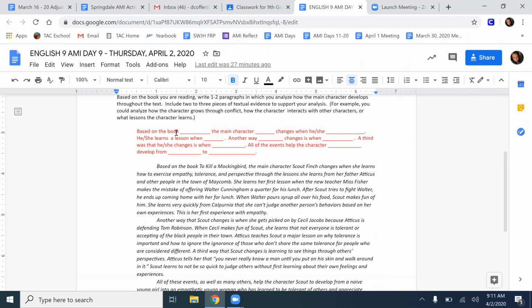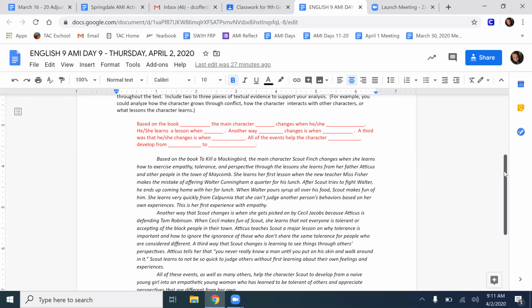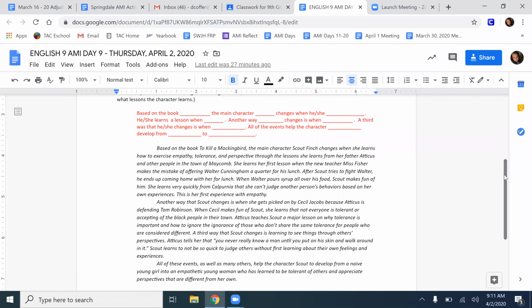And so here's the sentence stem. Very basic, very generic. You will notice the stem versus my response is much more detailed. The stem is to get you started on what to say, but then you need to fill in the information. And so here we go. I said, based on the book To Kill a Mockingbird, the main character, Scout Finch, changes when she learns how to exercise empathy, tolerance, and perspective through the lessons she learns from her father, Atticus, and the other people in the town of Maycomb.